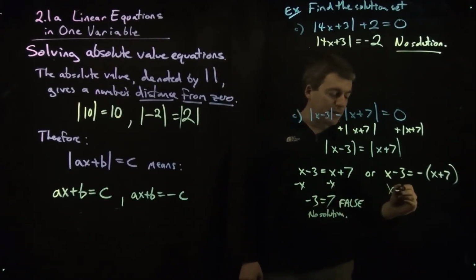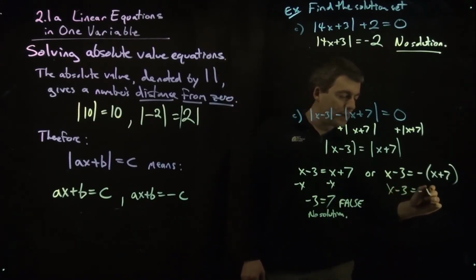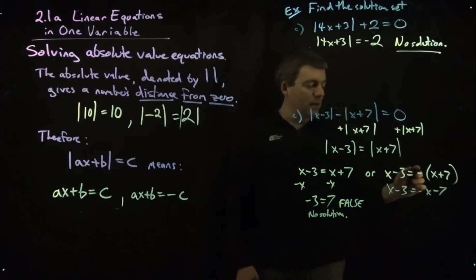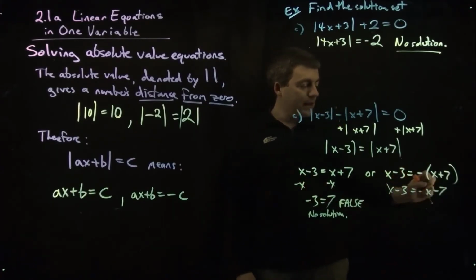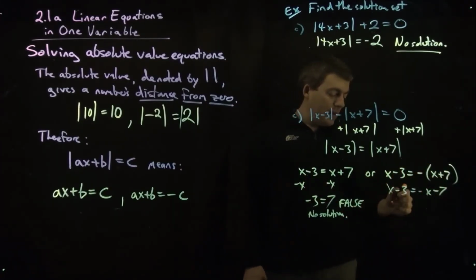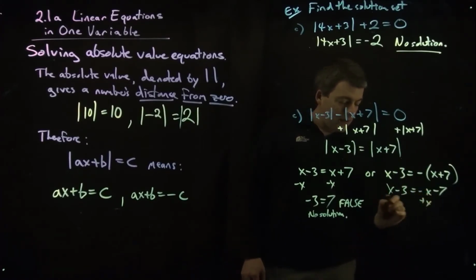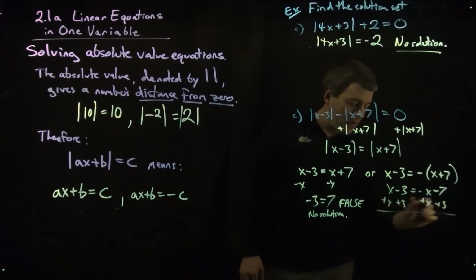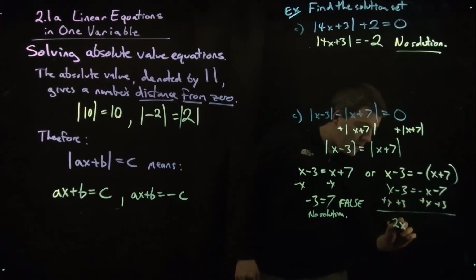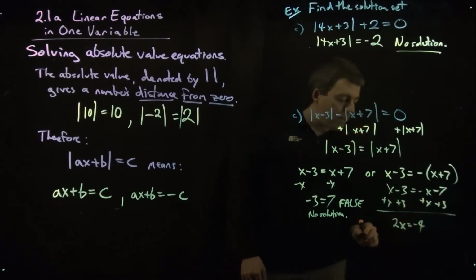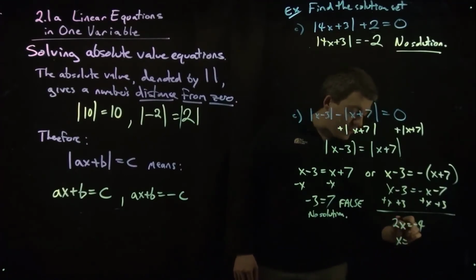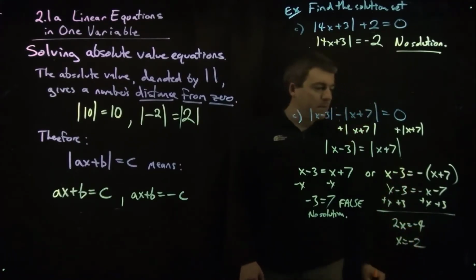We have x minus 3 equals negative x minus 7. We're going to distribute that negative to the x and then into the 7. And then we'll add the x, add the 3. We get 2x equals negative 4. Divide by 2, x equals negative 2.